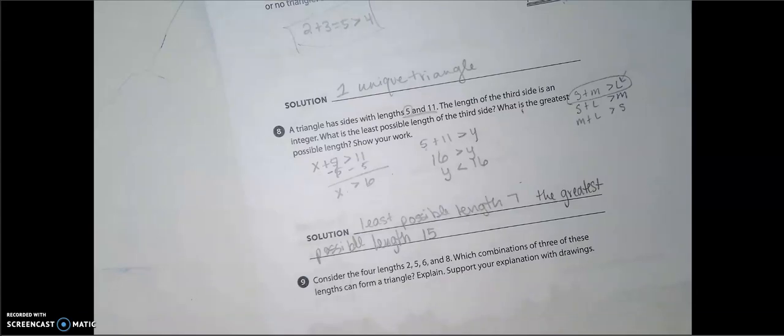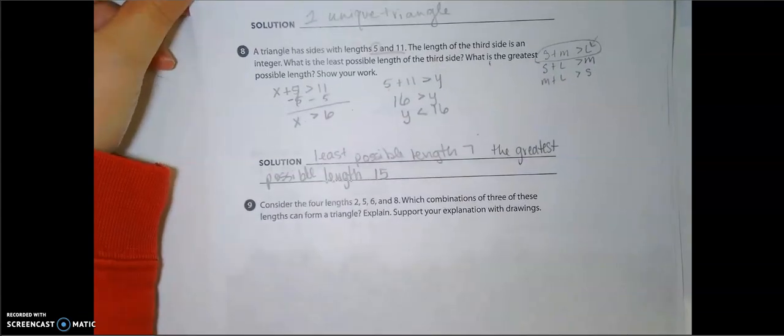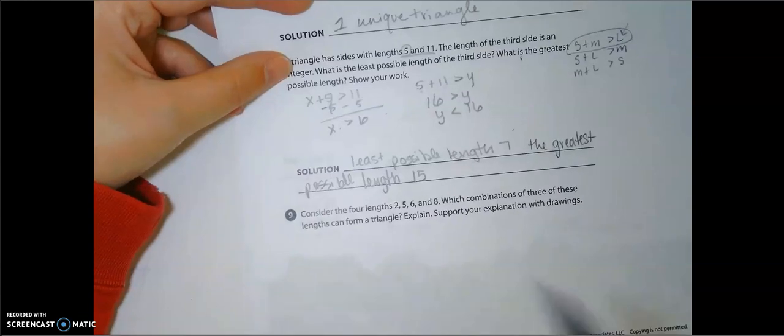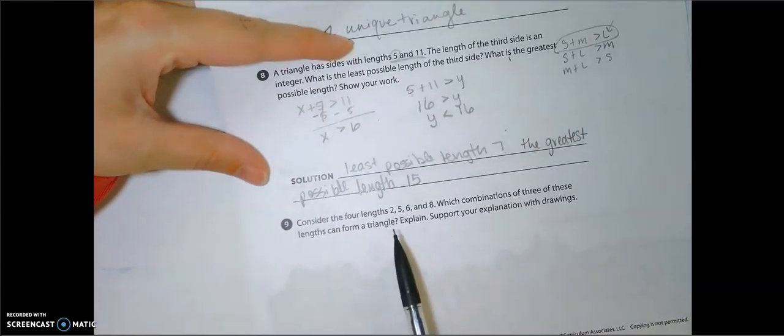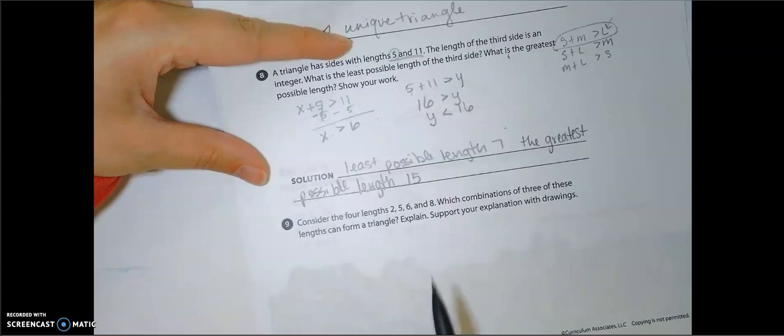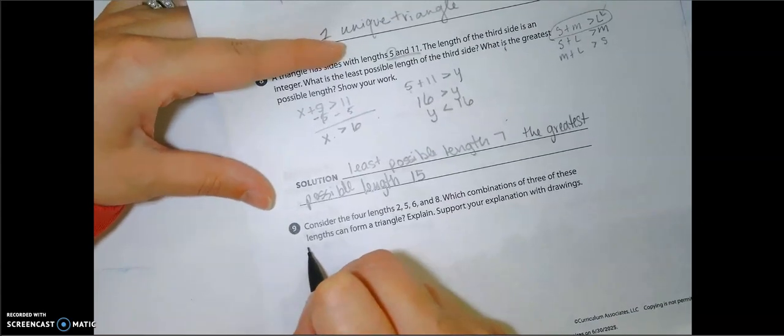All right, and then last, consider the four lengths, 2, 5, 6, and 8. Which combinations of these lengths can form a triangle? Explain and support your explanation with drawings. Now, I am not going to draw. I will leave that to you. But when we consider which combinations of 3 of these lengths can form a triangle, I'm going to break them into groups of 3.